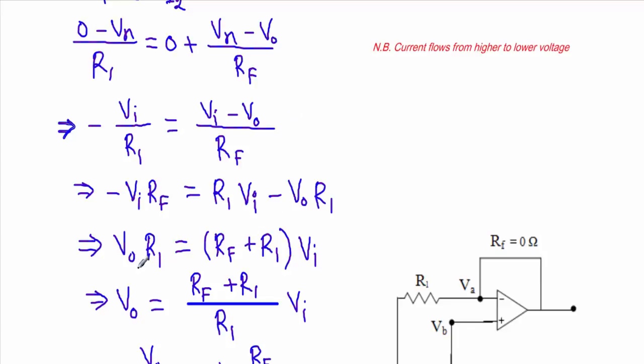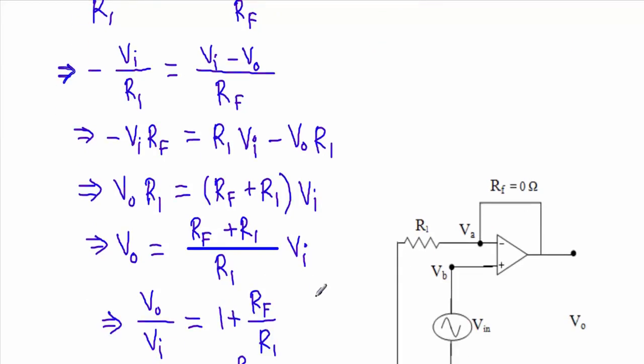So from here I can write Vo R1 equal to Rf plus R1 into Vi, which will eventually give us Vo equal to Rf plus R1 divided by R1 into Vi. So this is the output voltage equation of the non-inverting amplifier.